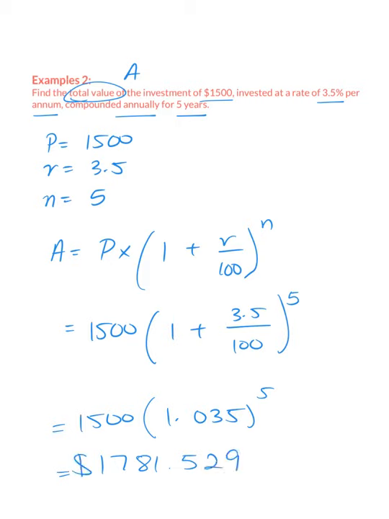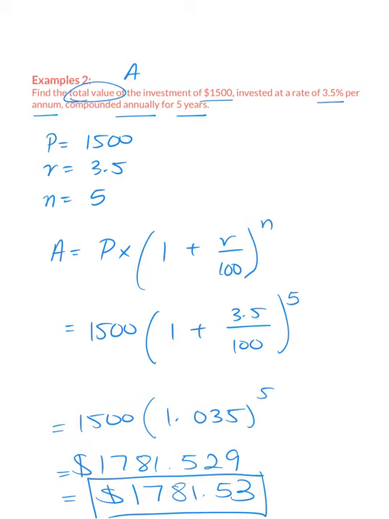Because we're dealing with money, you must round this to 2 decimal places. So this gives us a total of $1,781.53. This is the new value of the investment after 5 years.